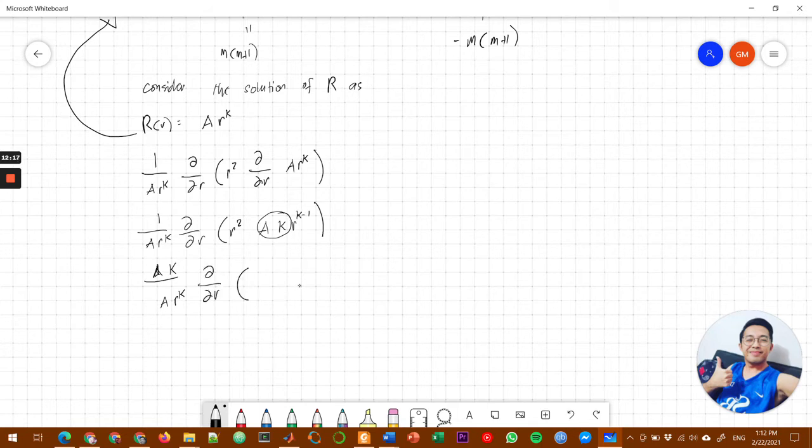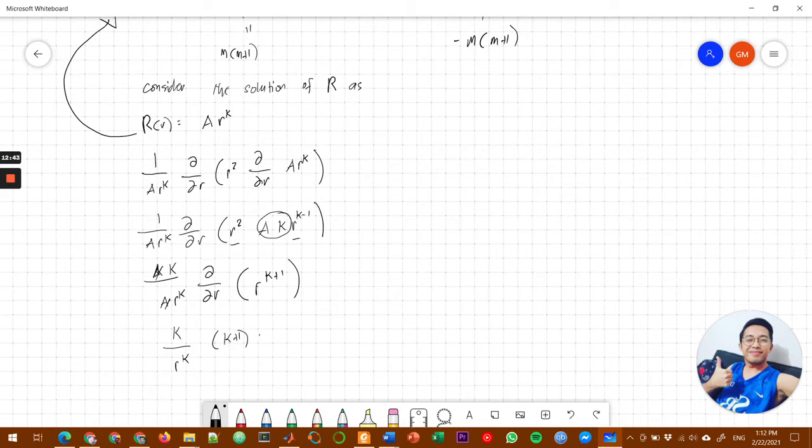This and that can be combined, right? Because they have the same base r. So that would be r to the k plus 1. Okay? And then it would be easy to take the derivative. So A cancels. That would mean we have k r to the k plus 1. The derivative of that gives k plus 1, right?